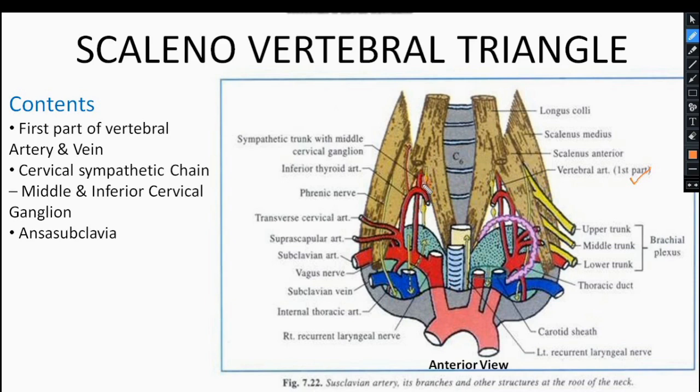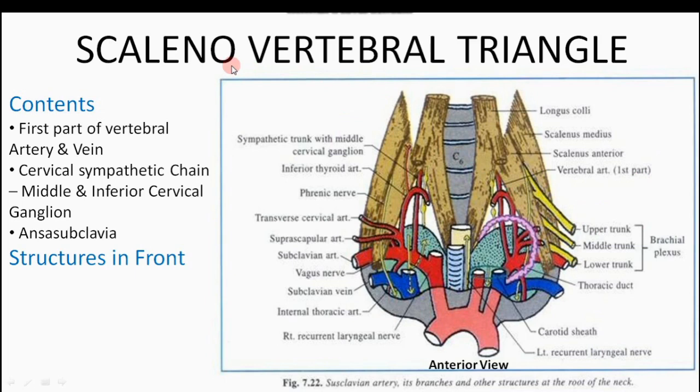Clear? This cervical sympathetic chain, middle and inferior cervical ganglions, and they are connected on both sides by ansa subclavia, and this loop is in front of this subclavian artery.